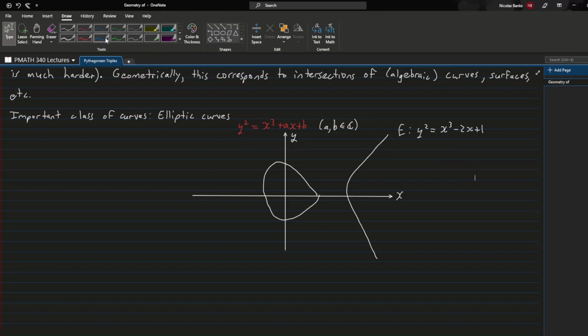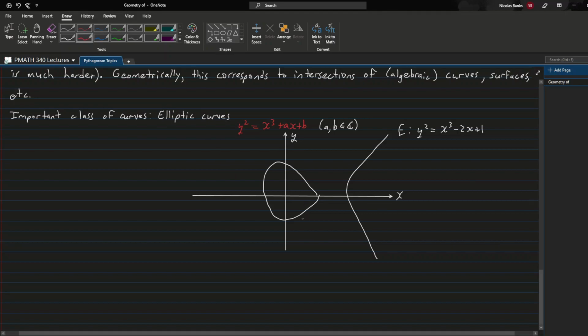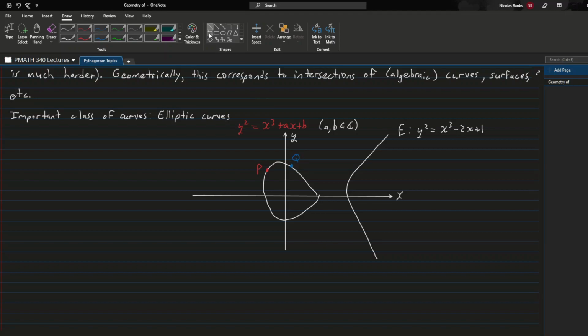But one reason that elliptic curves are so important is we have a way to define an addition operation, a group operation, on the points of the elliptic curve. So let's take a point P, some point over here on the curve, and another point Q. Then let's connect them with a straight line.